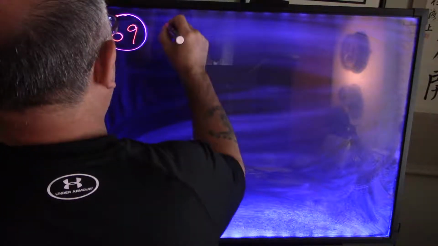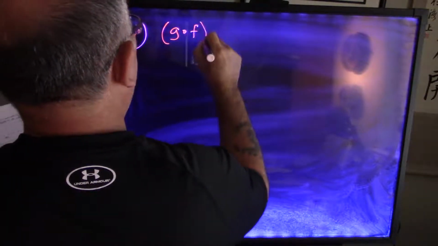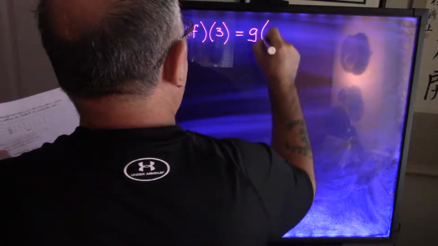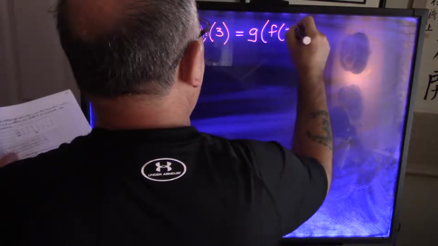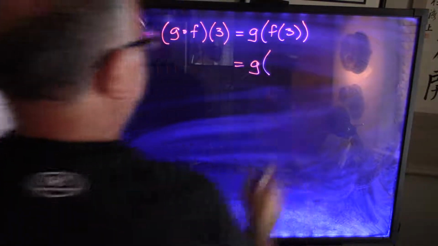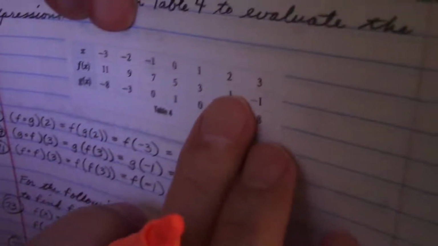Okay, number 69, g composed with f of 3. So that's g of f of 3. So what's f of 3? So you look on your table, x equals 3 right there.